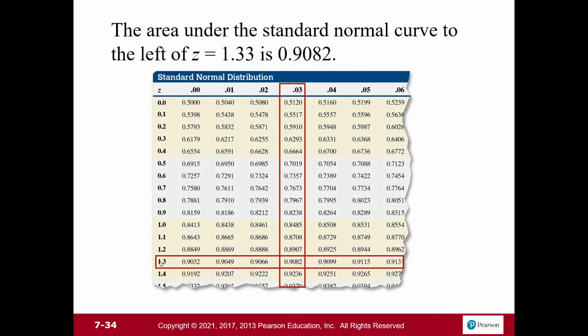And once we have that, we can go to 1.33. First we go to 1.3, and then we go to the 0.03 column. What we see is that the area to the left of 1.33 is already 90%, 0.9082.